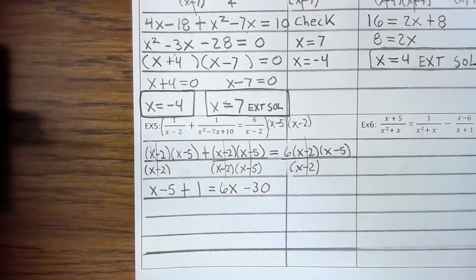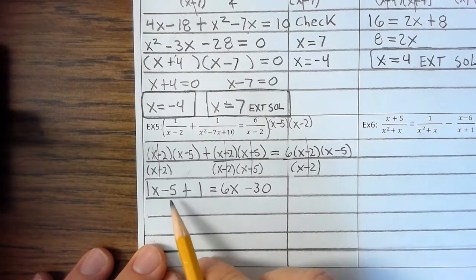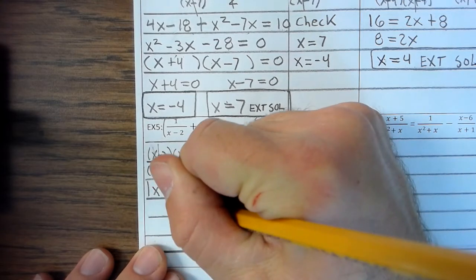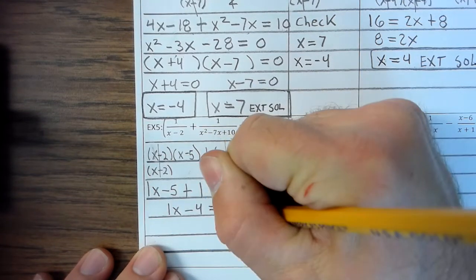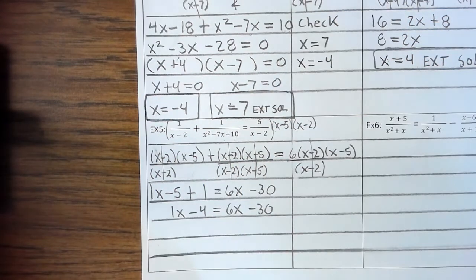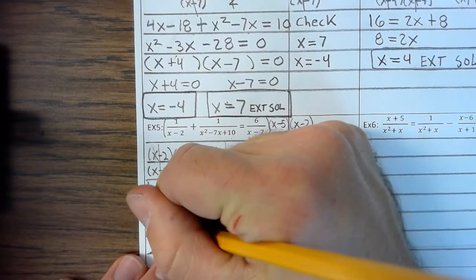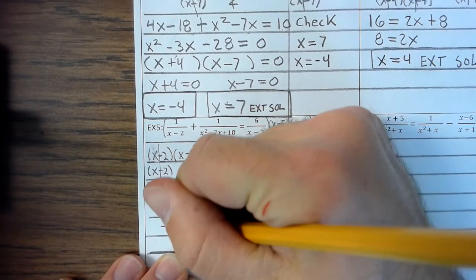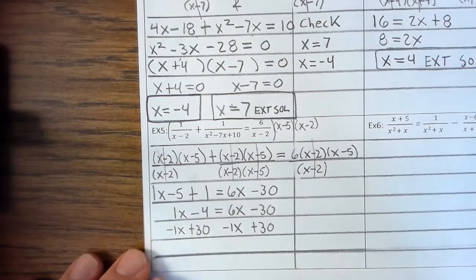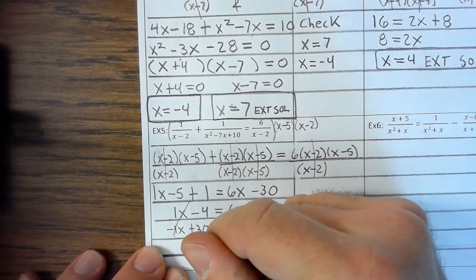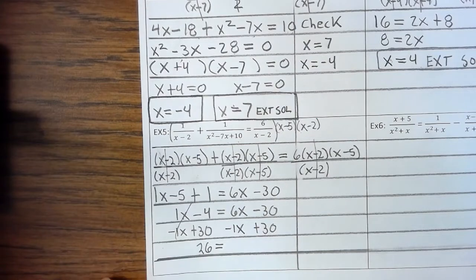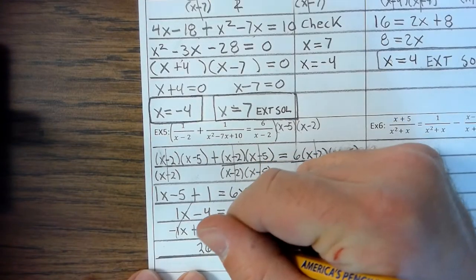Negative 5 and 1 is negative 4, so you get 1x minus 4 equals 6x minus 30. Let's subtract 1x from both sides and add 30 to both sides. Well, that cancels. You're left with 26 equals 5x. Divide both sides by 5.